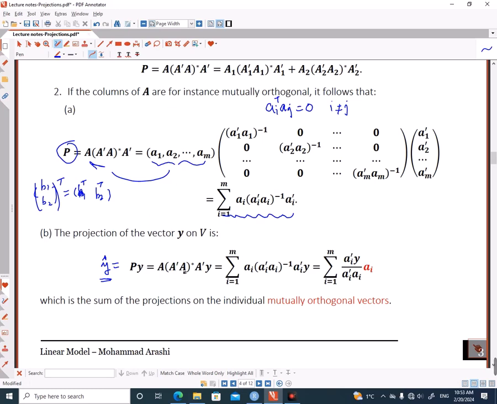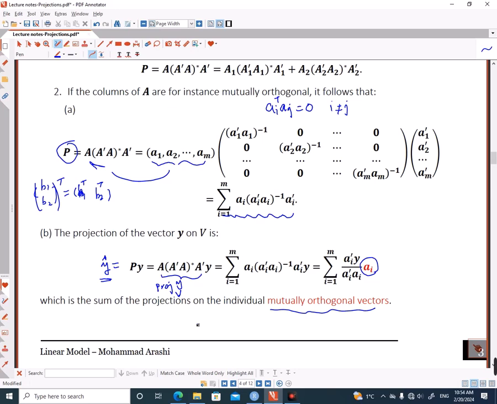P is actually the projection matrix on this space, and replacing this formula above, you can simply write it this way. Once again, I emphasize that these A's are mutually orthogonal vectors. So the estimate is actually the sum of projections on the individual mutually orthogonal vectors.